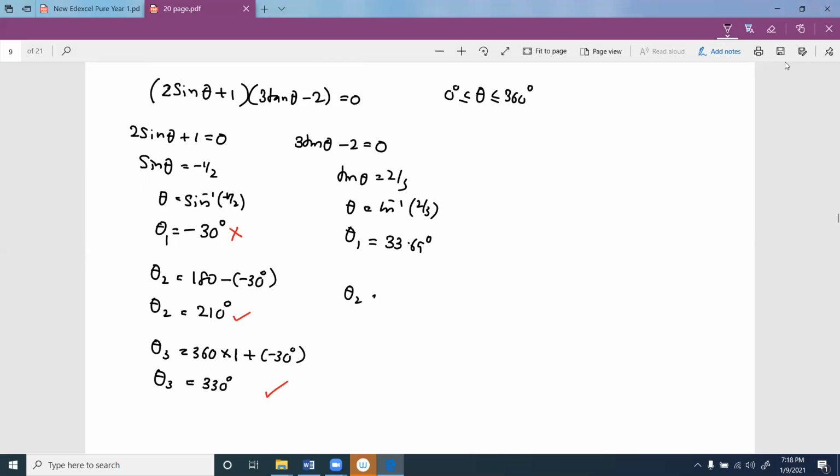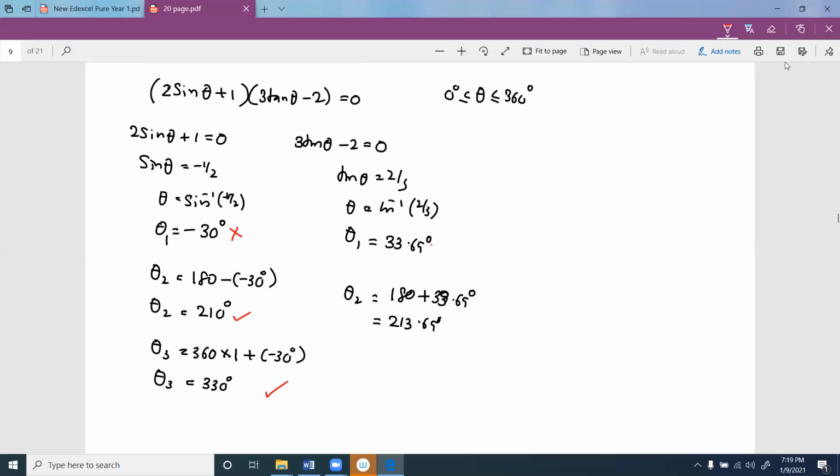So the second angle for tan is 180 plus theta, 180 plus 33.69, which is 213.69. Both answers are within the range.